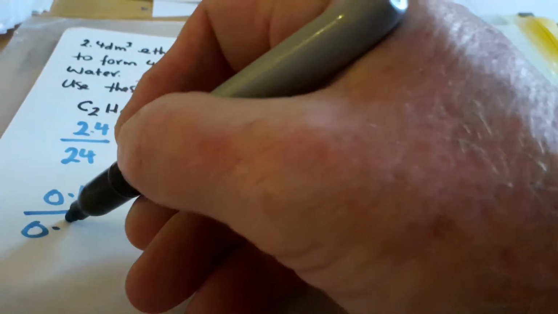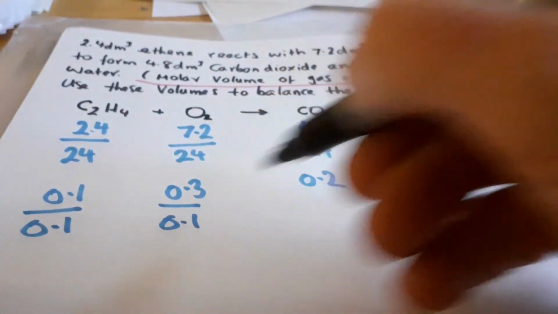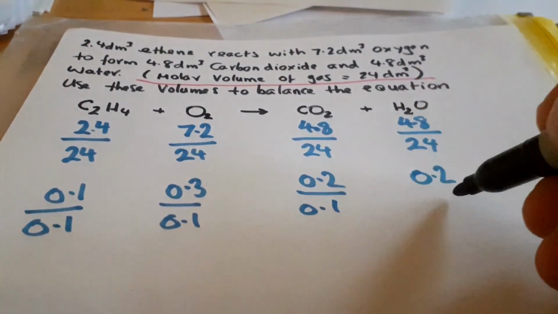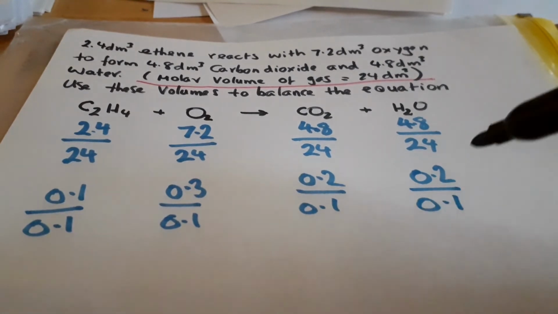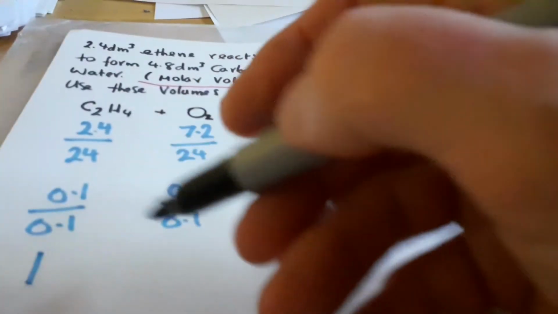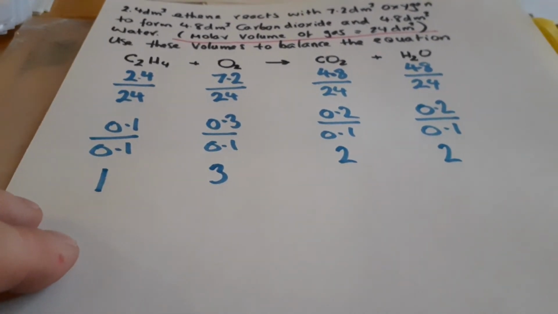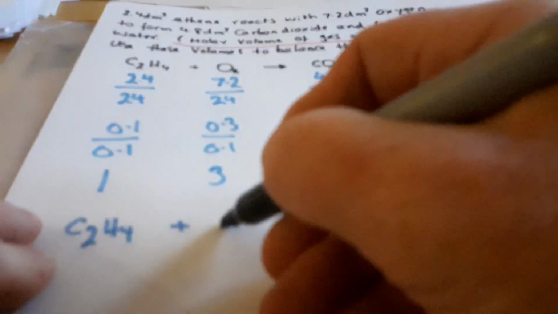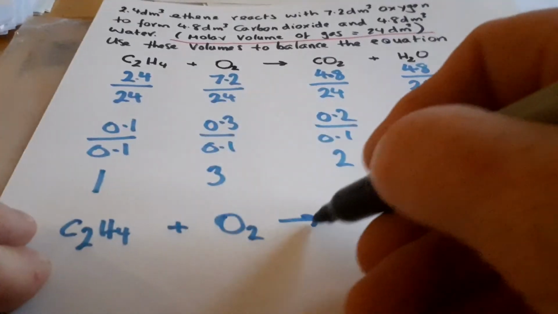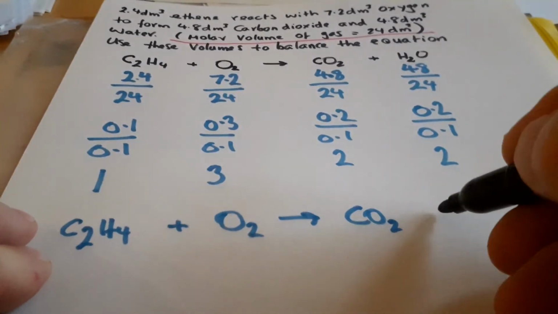So we divide everything by 0.1. And lo and behold, we get 1, 3, 2, 2. So in terms of our equation, we have C2H4 plus O2 goes to CO2 plus H2O.